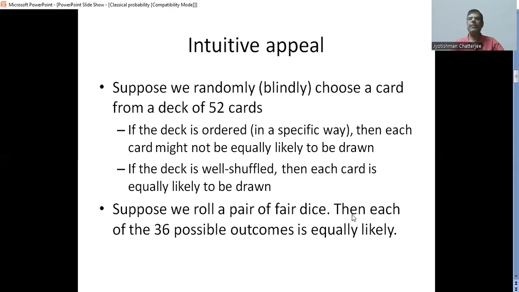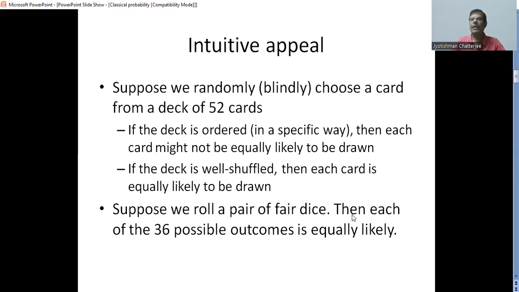Now, no matter whether I have an upward bias or downward bias, or I do it completely randomly, it's quite agreeable that each card will have an equal chance of occurrence. So in this case, we can say that each card is equally likely to occur. However, when the deck is ordered, we could not have said the same thing.